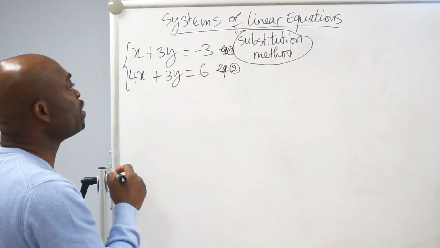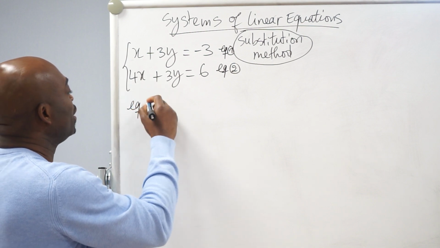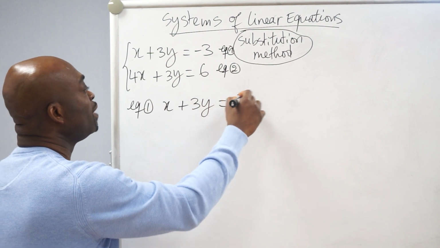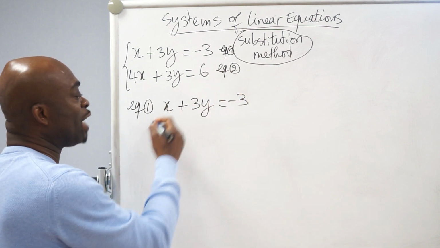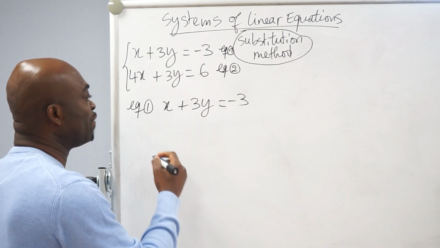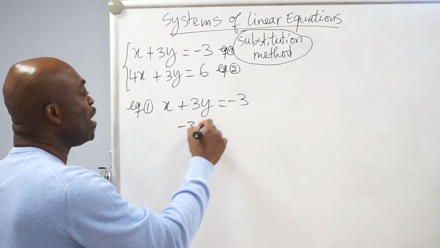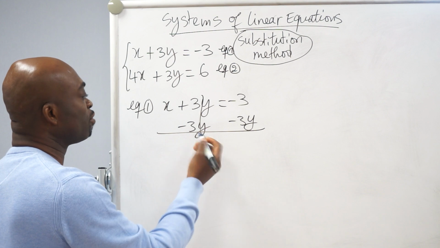So we have x plus 3y equals negative 3. We take equation 1 out: x plus 3y equals negative 3. What are we going to do with it? Because we have x here, I'm going to subtract 3y from both sides so that I can cross it out.